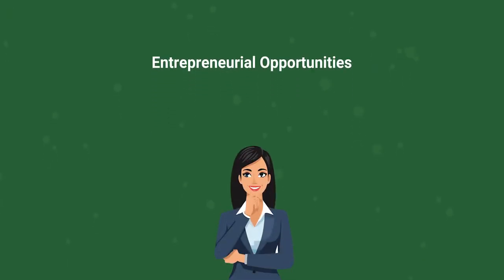Okay, so we've talked about these different forms of entrepreneurship, and these forms reflect different types of opportunities. So to have entrepreneurship, you have to have entrepreneurial opportunities. And this is probably a word you've heard before, but what does it actually mean? Does this mean you have to provide something new to the world and revolutionary? No, not necessarily.